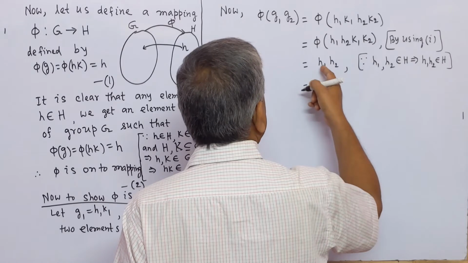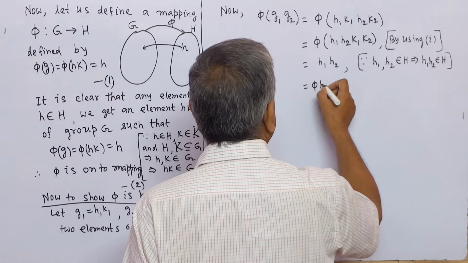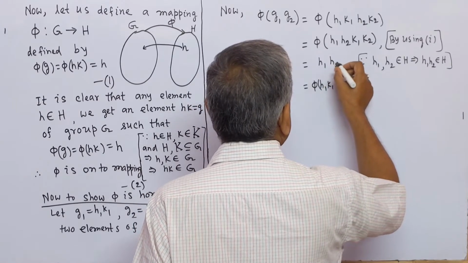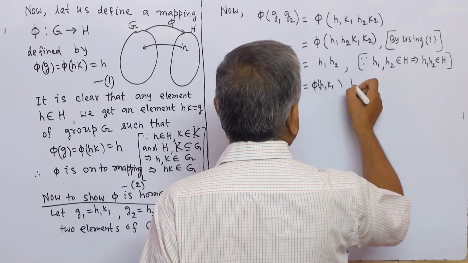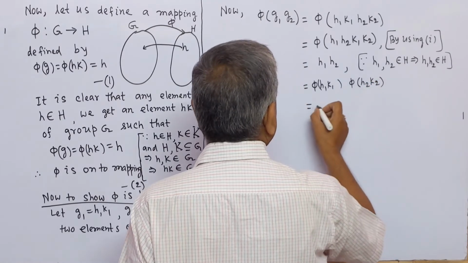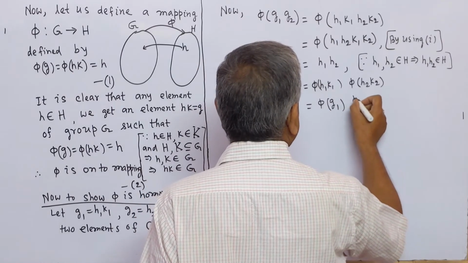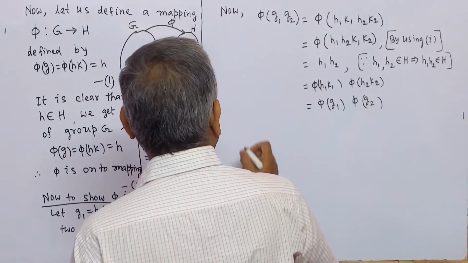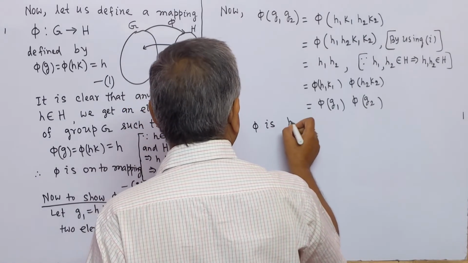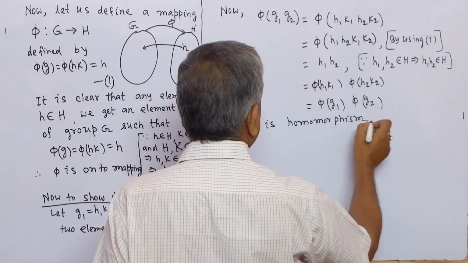We may write h1 equals phi(h1 k1) and h2 equals phi(h2 k2), and this equals phi(g1) phi(g2). Therefore, phi is a homomorphism. This is number 3.